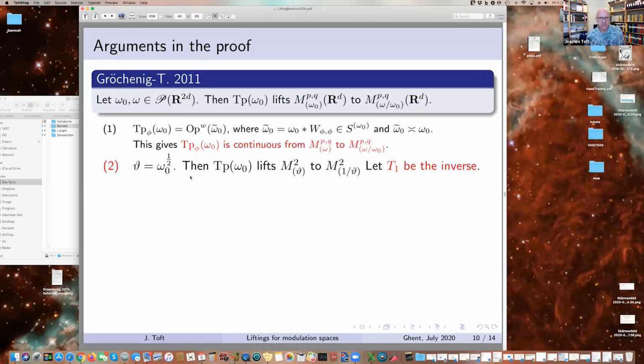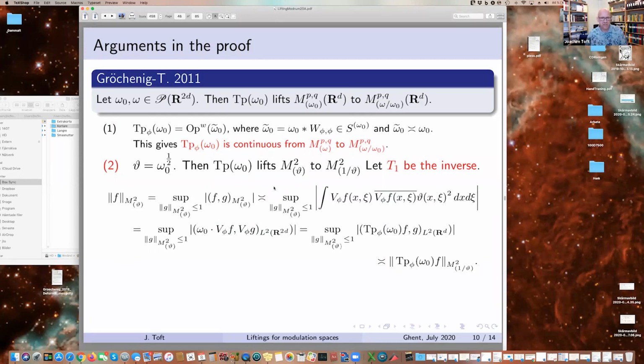Then we could also prove that this Toeplitz operator really lifts M^2_θ into M^2_{1/θ}, where θ is this ω0 up to power 1/2. So also here, let T1 be the inverse, because then it's a bijective map.